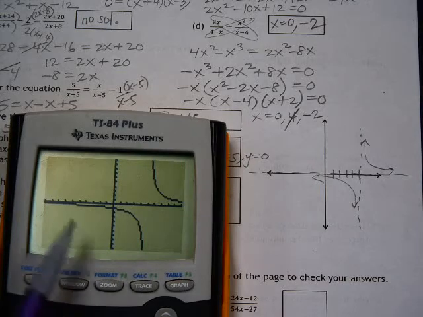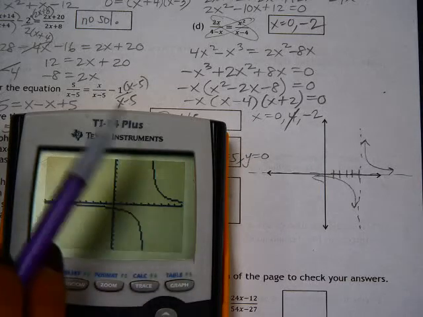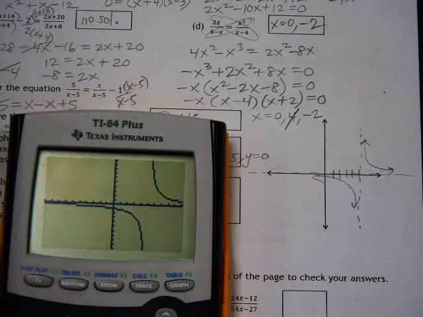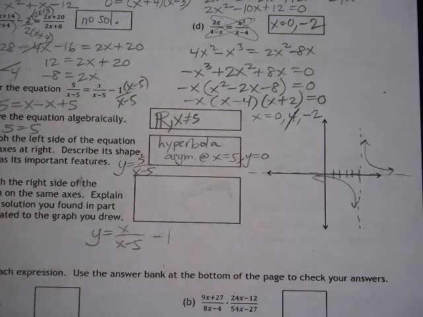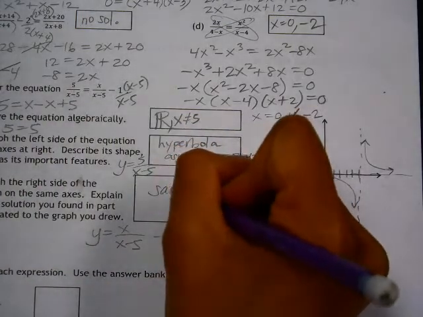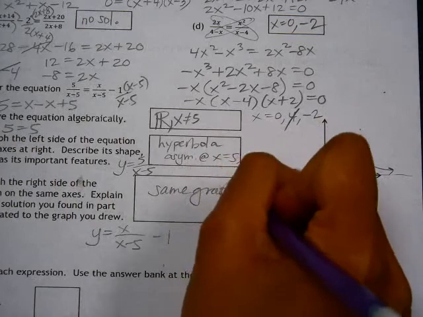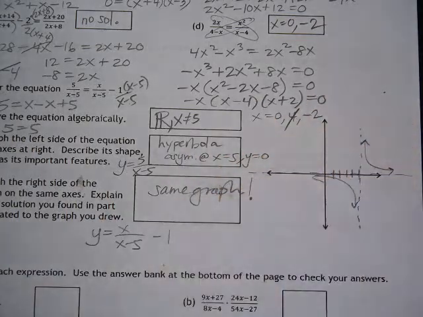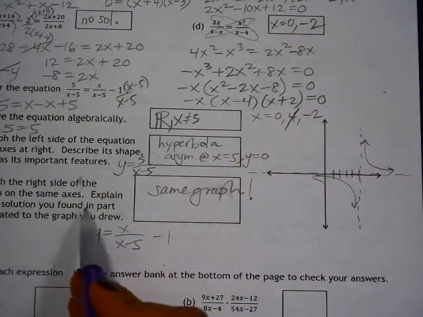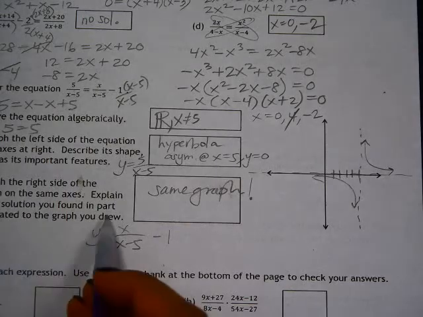So notice here it actually ends up being the same graph. Both of those give you the exact same graph. So we get the same graph. Explain how the solution you found in part A is related to the graph.